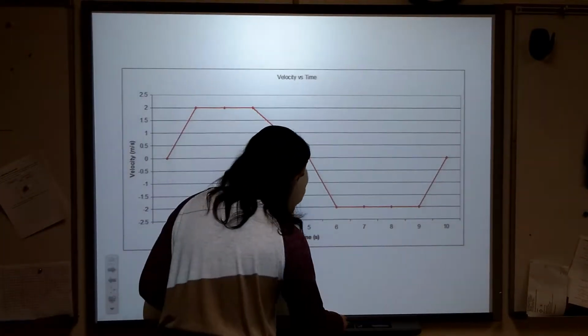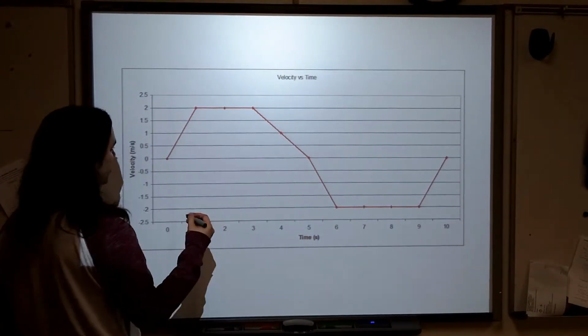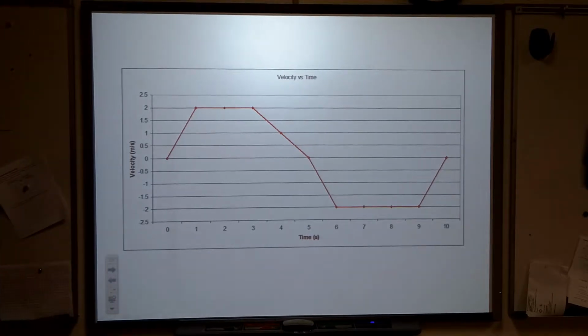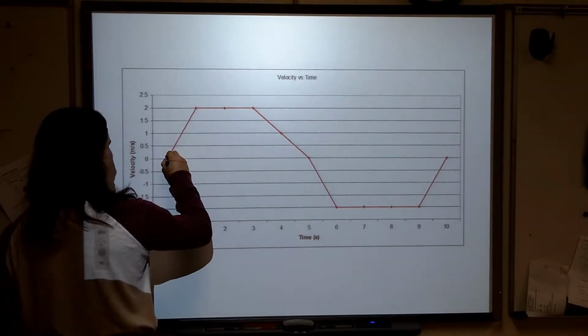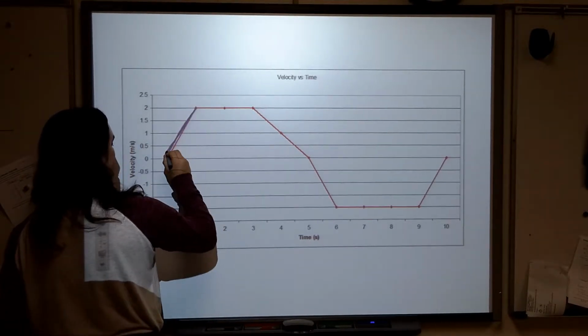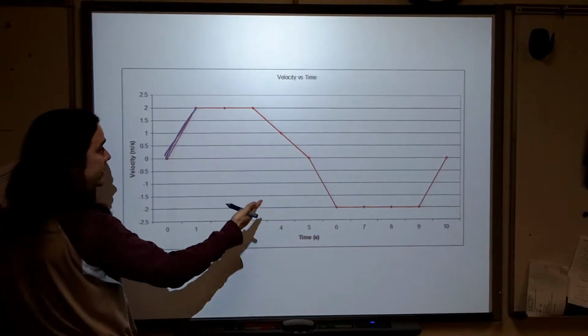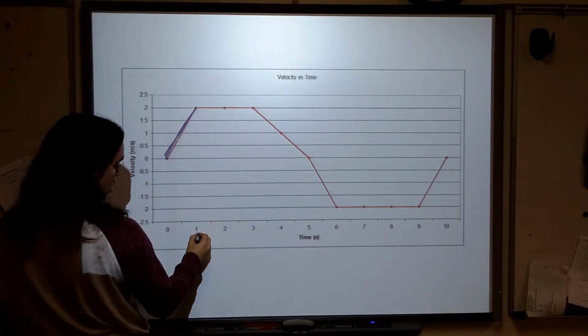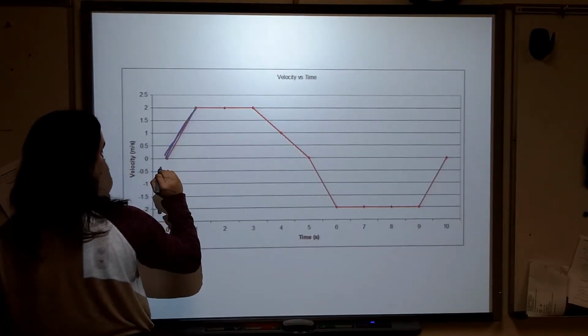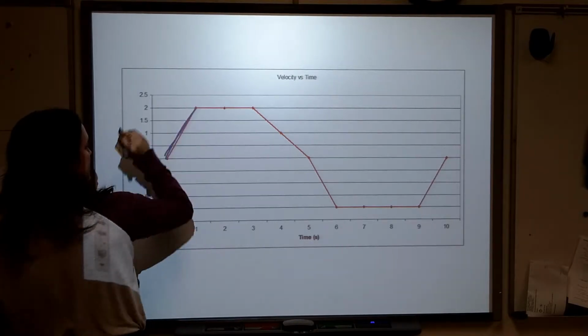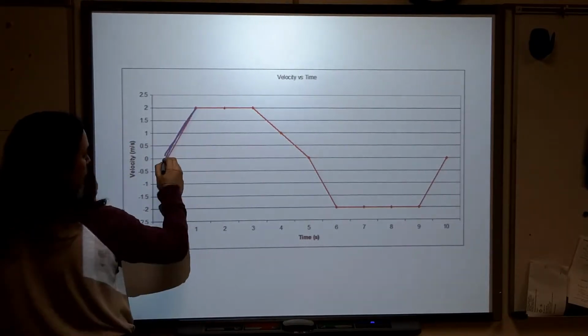All right, here we go. Let's take a look at the slope. We talked about the slope last time. We can not only read what's on the graph, but we can find some slopes. Well, I'm going to make this a little bit simpler because we introduced the idea of rise over run. This is 1, comma 2, 1 second, and 2 meters per second. And this is 0, 0.